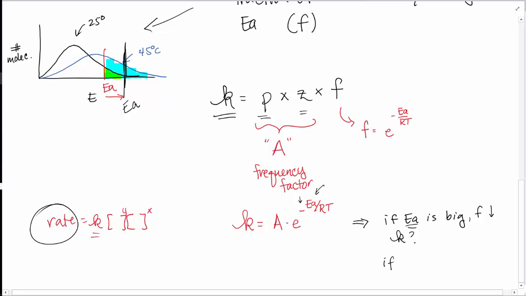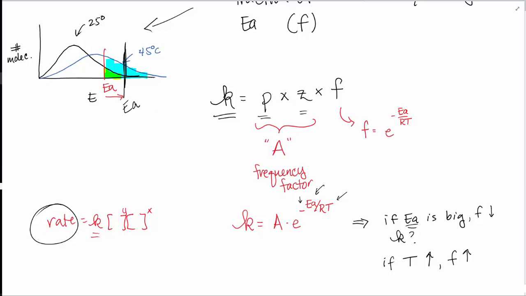Or, for example, if the temperature goes up, well, it's in the denominator of a negative exponent. If temperature goes up, that fraction is going to increase, the fraction that is going to end up reacting with enough activation energy. Well, great.